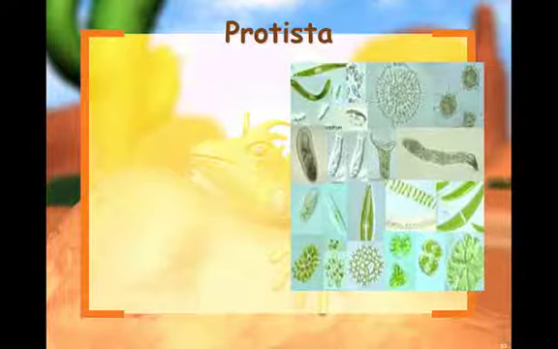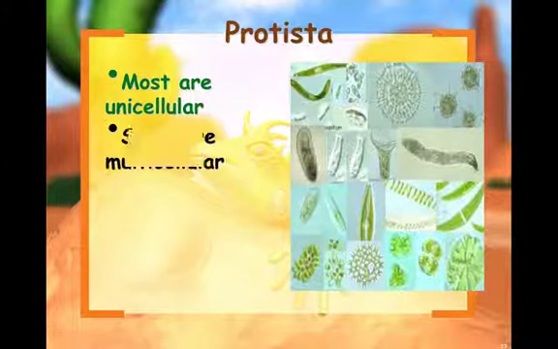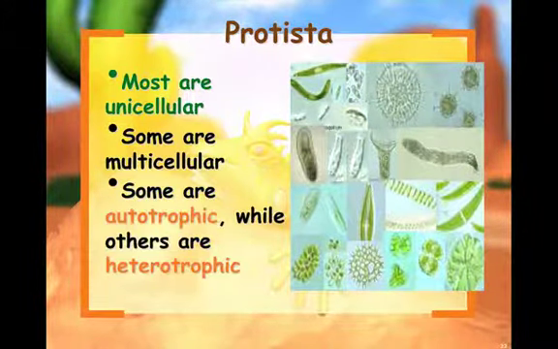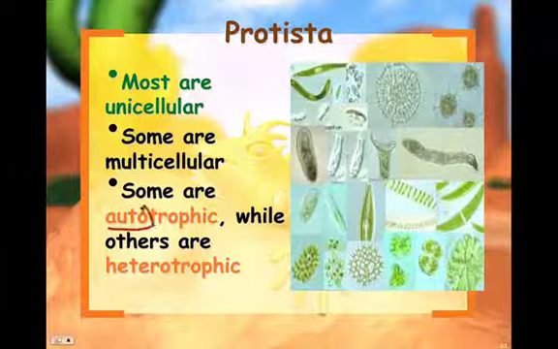So Protista, once again, they are almost all unicellular, meaning they are single-celled. Some are multicellular. Some are autotrophic, and if you recall, in an autotrophic, auto means they make their own food. And some are heterotrophic.